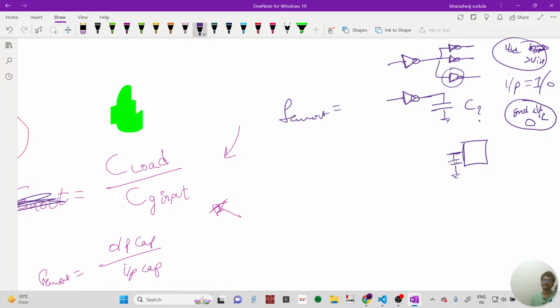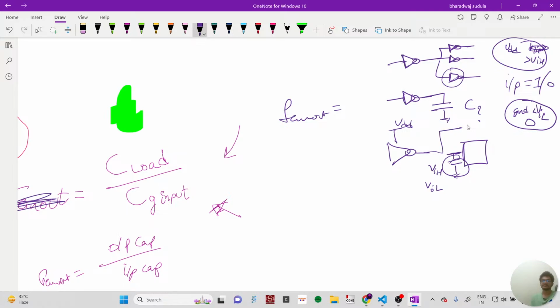So for the capacitor to have a minimum VIH or maximum VIL, this driving gate has to give that current actually. So it has to drive this capacitor. We don't have only one gate, right?